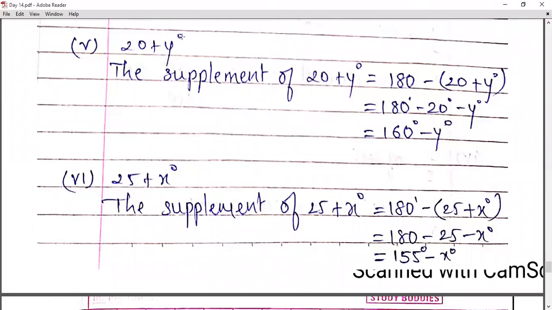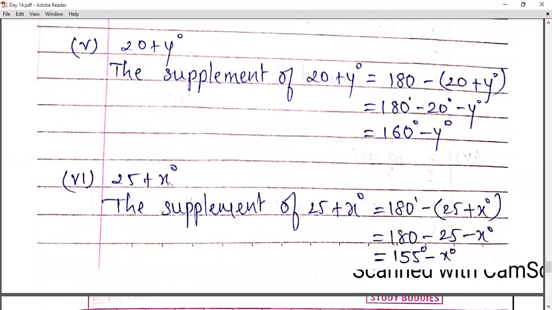20 plus y degrees. The supplement of 20 plus y degrees is equal to 180 minus (20 plus y) degrees. Opening up the bracket with a minus sign will invert the sign of the terms in the bracket. So I will get minus 20 degrees, minus plus will become minus y degrees. 180 minus 20 will give you 160 degrees minus the variable y degrees as it is.